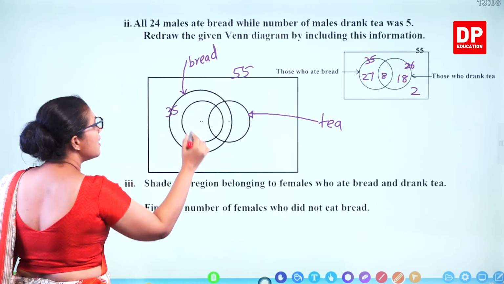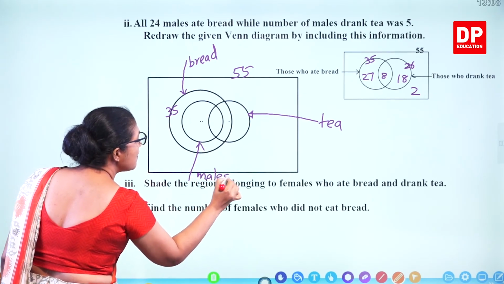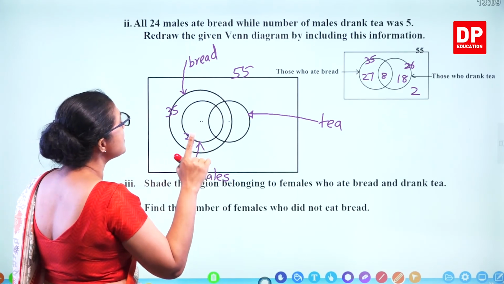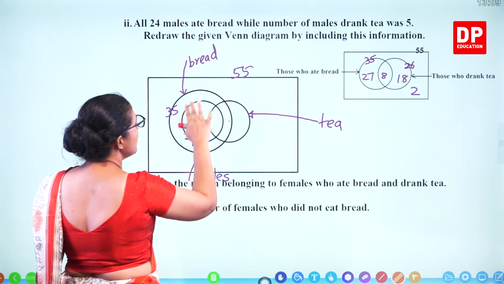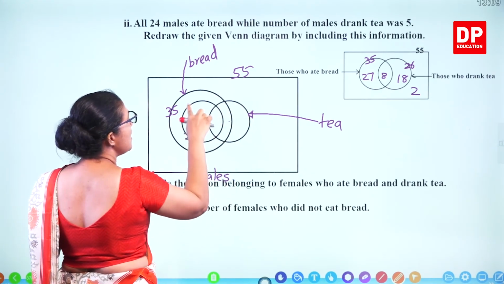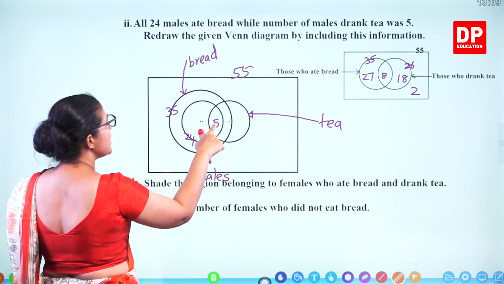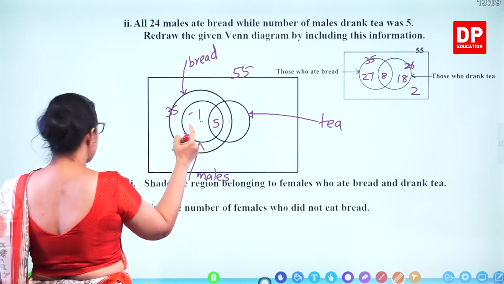And this is those who are males. How many males are there? 24. And it says out of males, those who drank tea were 5. So tea and males, this is 5. So 24 minus 5, that's 19.